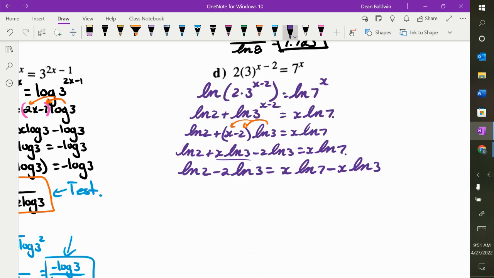And then what? What are we trying to solve for? X. But I only want one x. Right now I have two x's. So what do I do? Factor an x out.